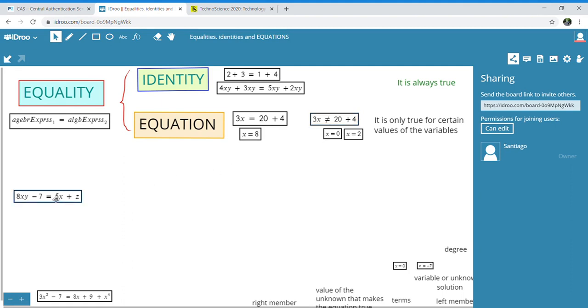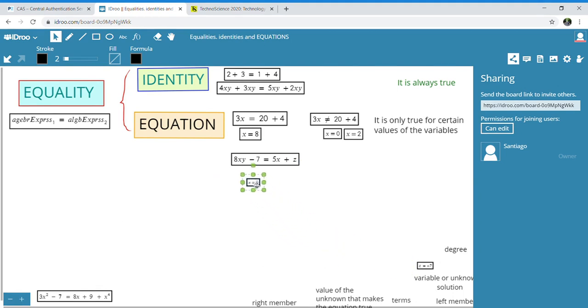Look at this. This is another equality that is only true for certain values of the variables. In this case, we have more than one variable. We have x, y, and z. So imagine that we start by saying x equals 0. 8 times 0 is 0, no matter the value of y, and 5 times 0 is 0.